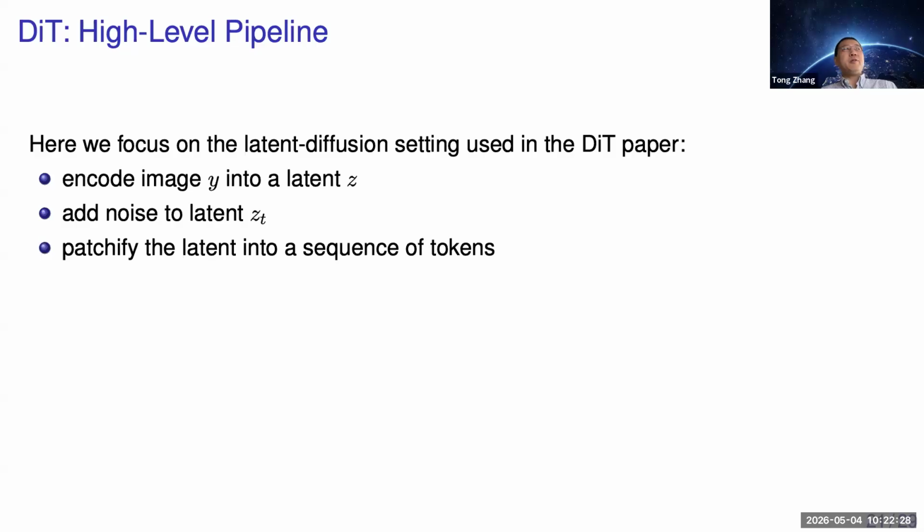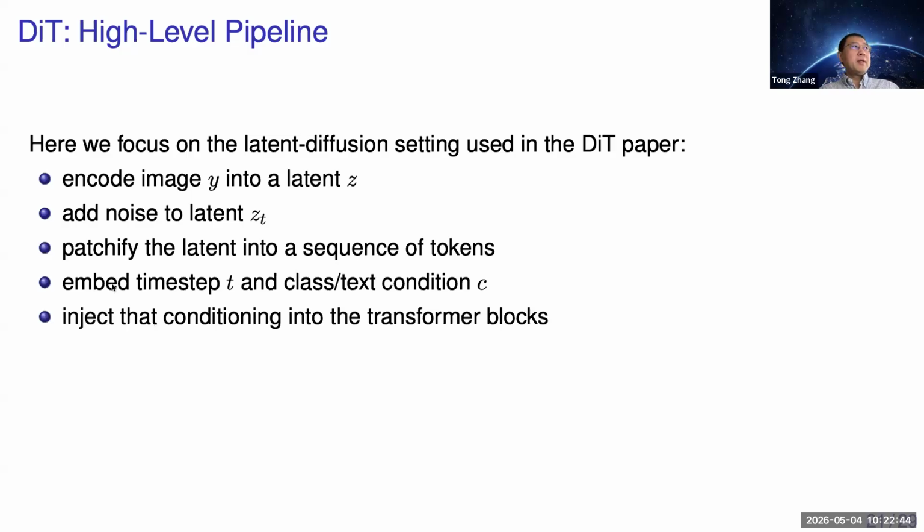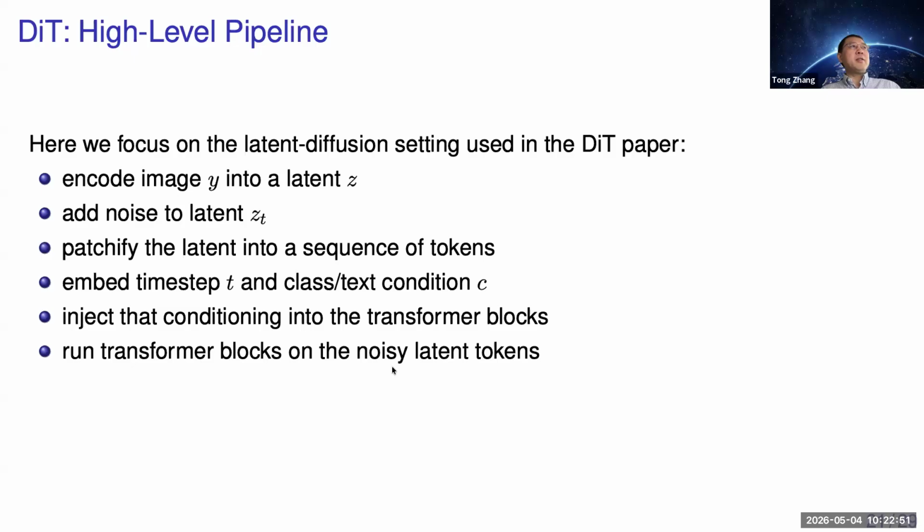Here, because it's generation, you also have an unpatchify. So not only patchify, you will have unpatchify, and then you embed the time and other conditioning. Time is needed for flow matching and for the diffusion model; for everything, you need a time. You inject that conditioning into transformer blocks, and run the transformer blocks on the noisy latent tokens and unpatchify.